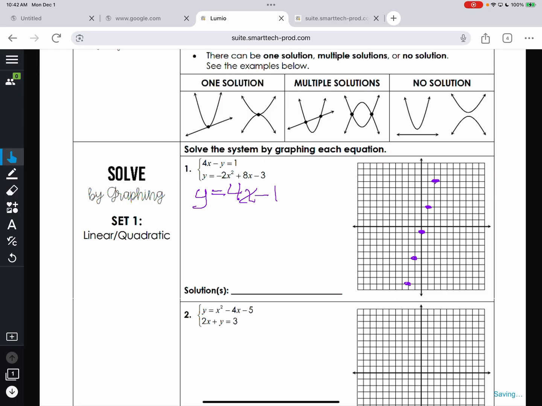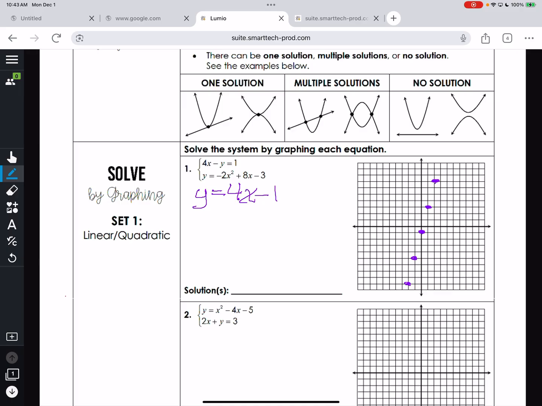Then what is your vertex? I'm going to change color just because. 0, negative 1. Is that not your vertex? So opposite b, so negative 8 over 2 times negative 2, so negative 4.